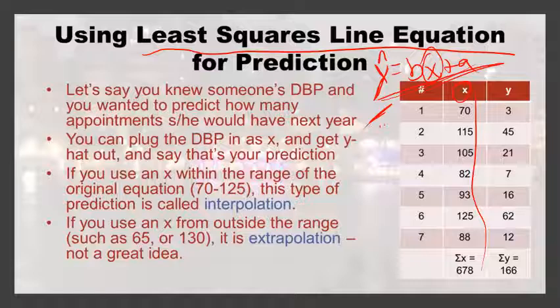So this is really good for us to use, but sometimes it's not, okay? And the difference is, remember back when we calculated the mean, median, the range, okay?